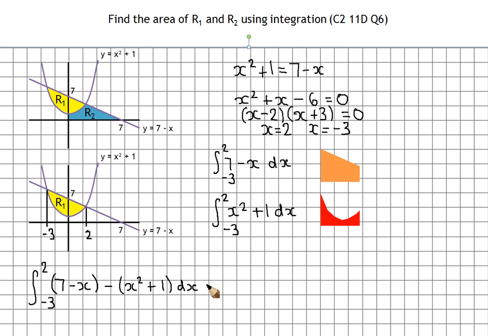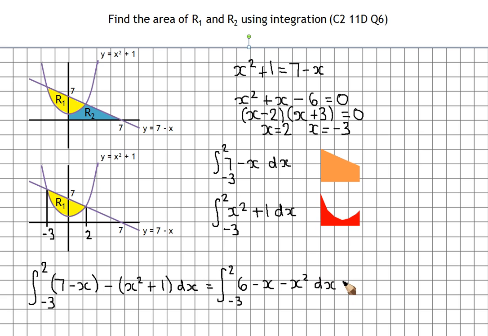Now if I tidy that up, I'm doing the integral between 2 and minus 3 of, well, I'm going to be left with 7 minus 1, so it's going to be 6, minus x squared, with respect to x.